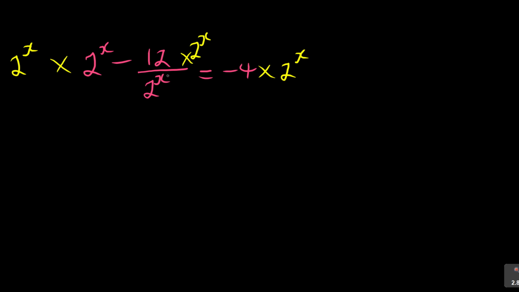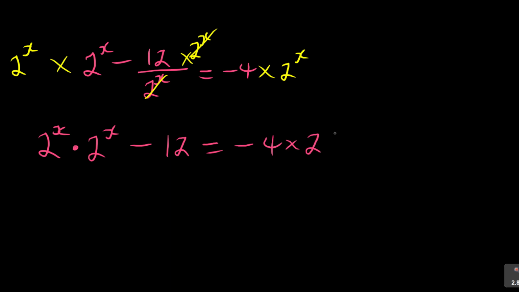That's what it means. So that goes. But here what do you have? You will have 2 to the exponent x times 2 to the exponent x. You see that? Minus 12 is equal to minus 4 times 2 to the exponent x. So therefore we say, there is the K method, let K is equal to 2 to the exponent x.